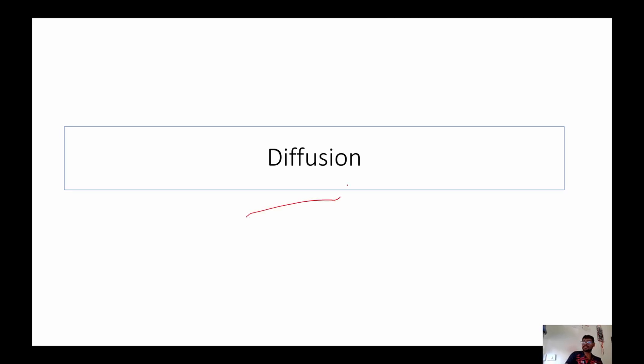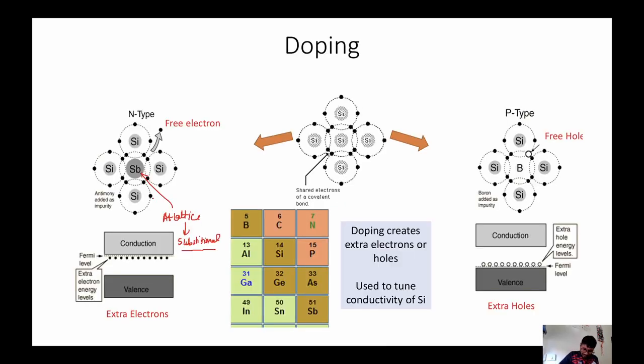Now let's come to the diffusion process. At the very first place, why is diffusion required? First we will see the doping. We dope the semiconductor material through various processes. Initially, when we form the ingot for silicon wafers, at that time also we can dope the semiconductor.